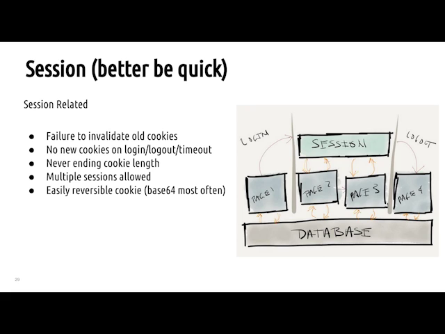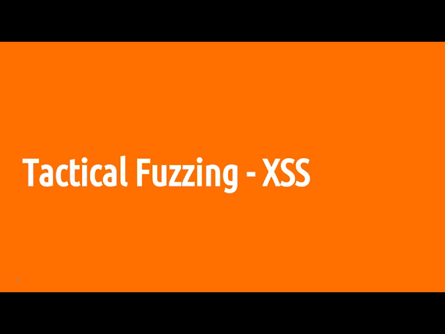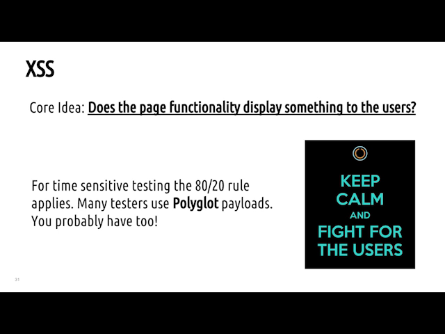Failure to invalidate cookies, no new cookies on login, logout, or timeout, never-ending cookie life, multiple sessions allowed, easily reversible cookies. These things are sometimes out of scope as well, but just keep them in your notes because they might come in useful later. If they aren't out of scope, you can just submit them as vulnerabilities. I mean, these are all pretty basic session things that shouldn't happen unless you have a very good use case to have them happen.